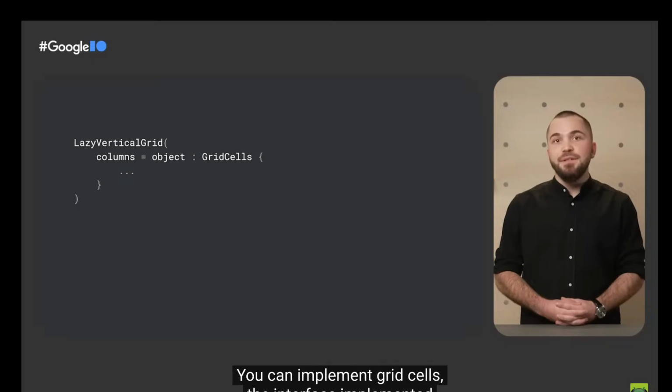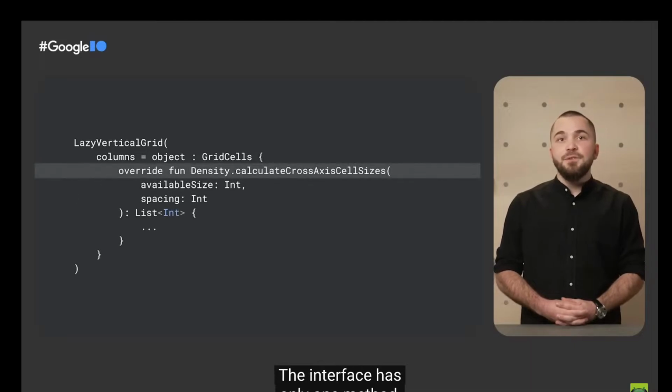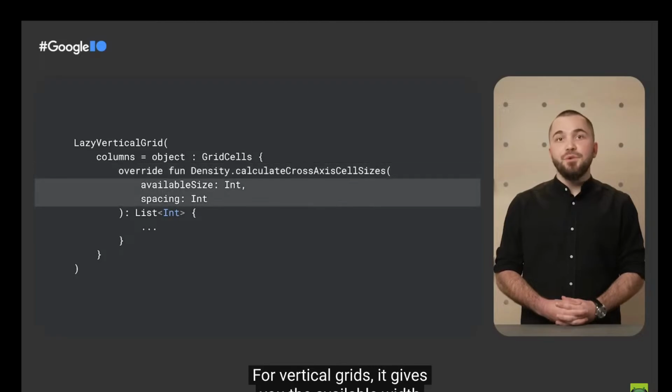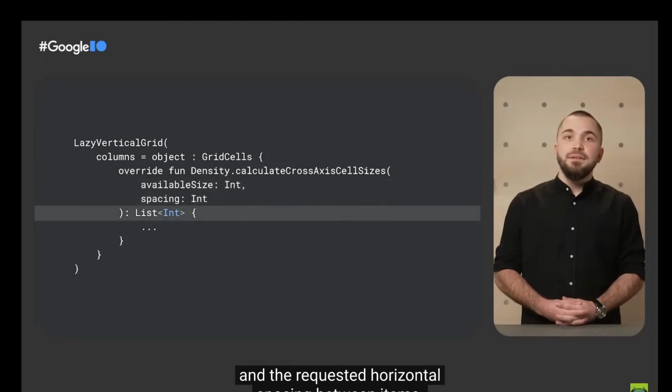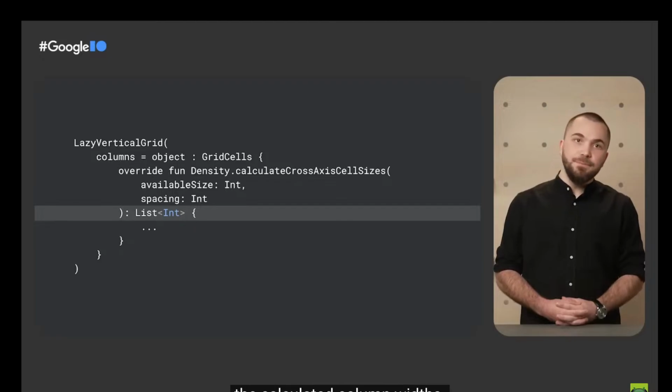You can implement GridCells, the interface implemented by GridCells.Fixed and GridCells.Adaptive. The interface has only one method, which calculates the column configuration. For vertical grids, it gives you the available width and the requested horizontal spacing between items. The return value of the method is a list containing the calculated column widths.